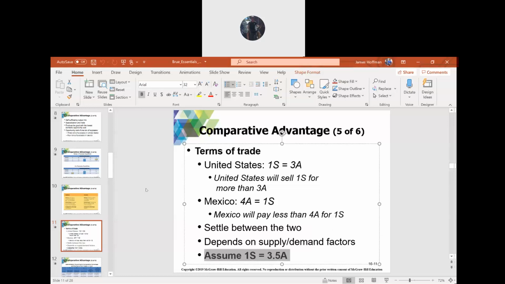So here, a trade that will make them both better off is to trade 1 ton of soybeans for 3.5 tons of avocados, and that's going to leave both countries better off than their original opportunity costs. Okay, so they'll specialize, they'll trade, and they'll both be better off after that deal.